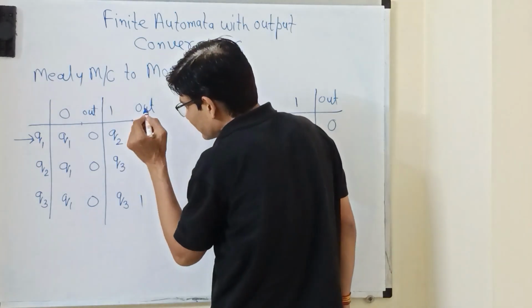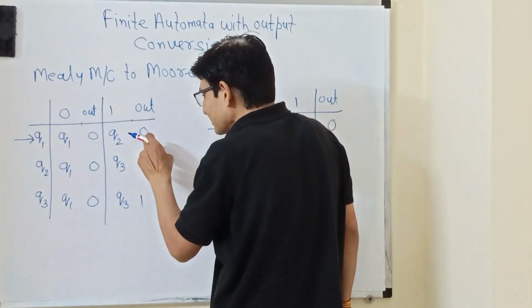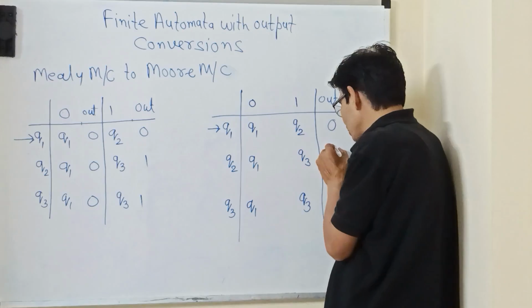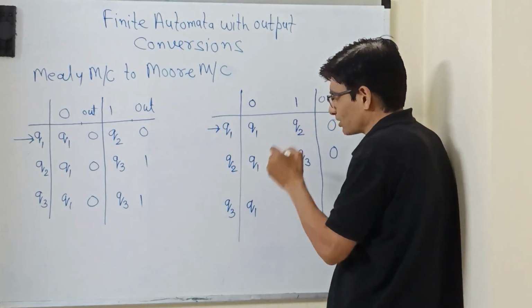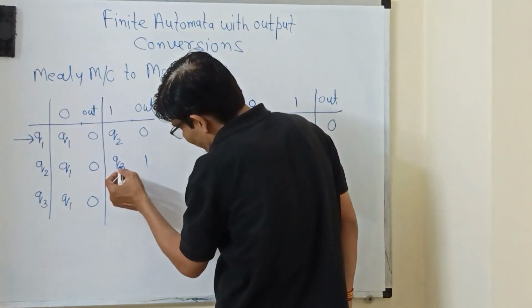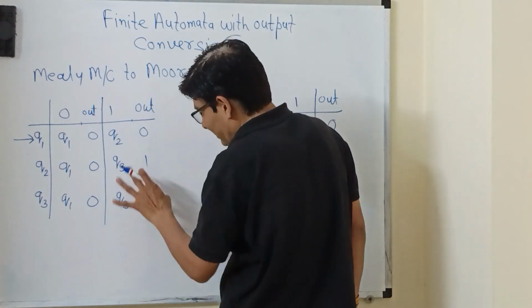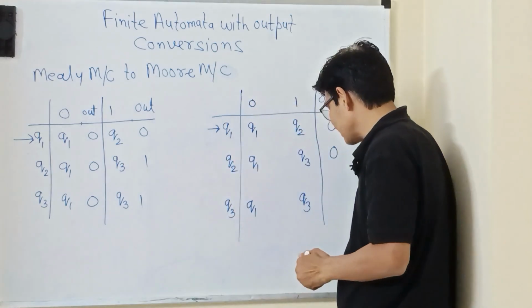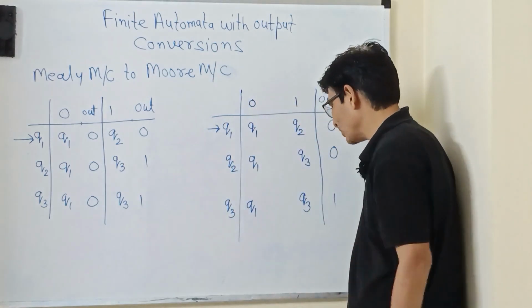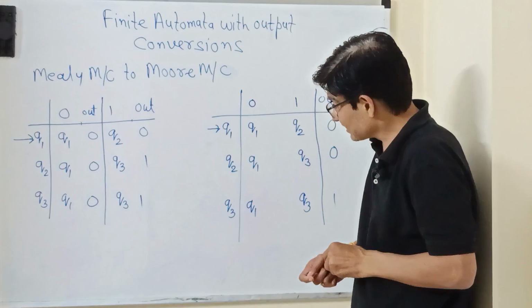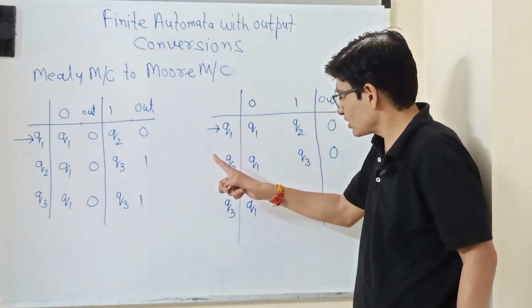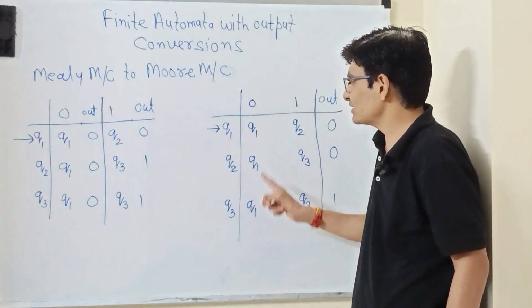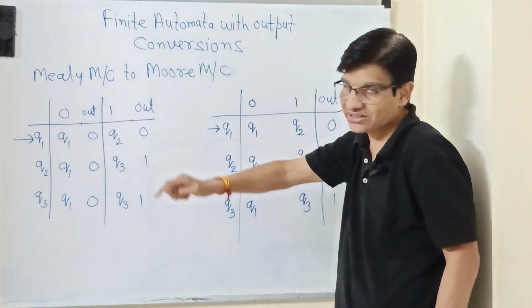With Q2, only a single entry is there, and it has 0 output, so I can attach 0 with Q2. With Q3, two entries are there, and in both entries the output symbol associated is the same, that is 1, so I can write 1 here. Now, friends, this is the equivalent Moore machine table corresponding to the given Mealy machine.